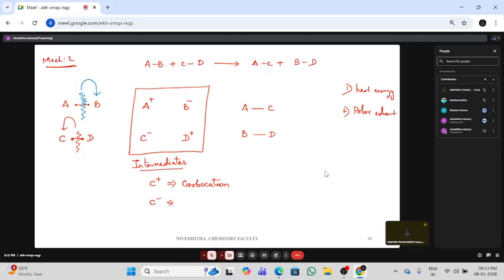Here, the negative charge is on the carbon atom, so it is called carbanion. So in organic chemistry, we're going to discuss these three intermediates: free radical, carbocation, and carbanion. Okay, fine. So this is mechanism number 2.